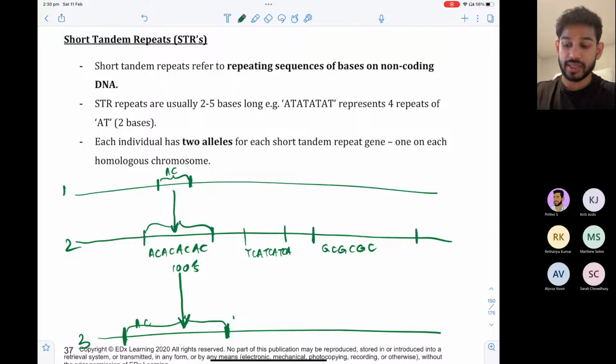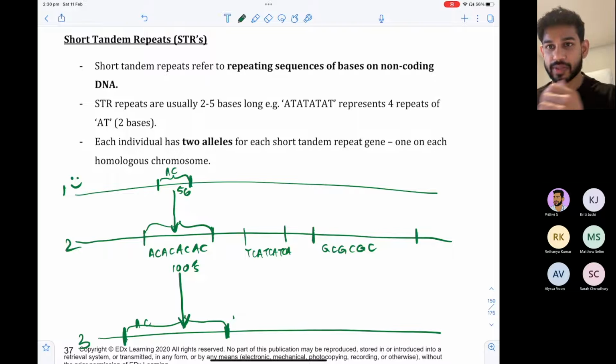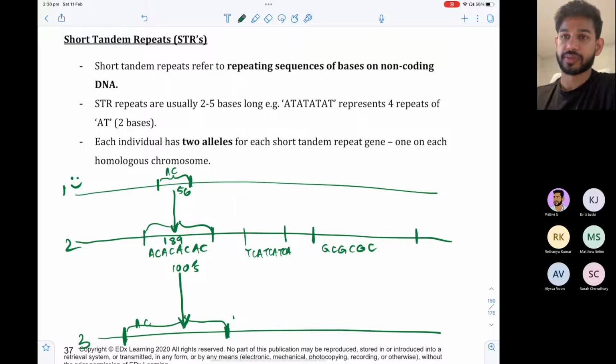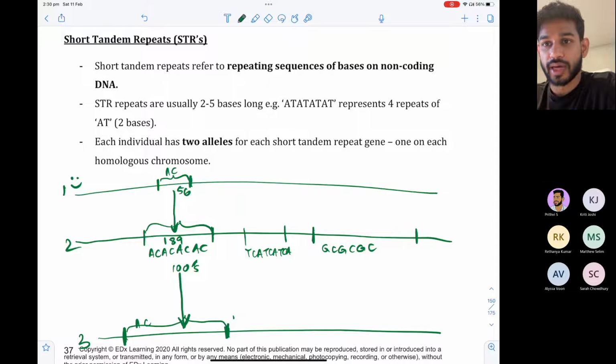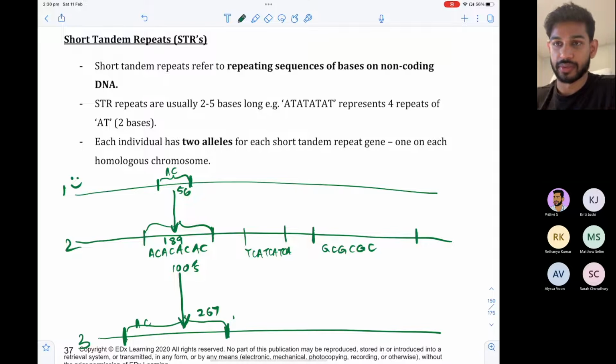So if this is me, number 1, I could have 56 repeats of A and C. Whereas if I look at Sarah's DNA at that exact same spot, she might have 189 repeats. And if I look at Kritti's DNA, she could have 267 repeats.